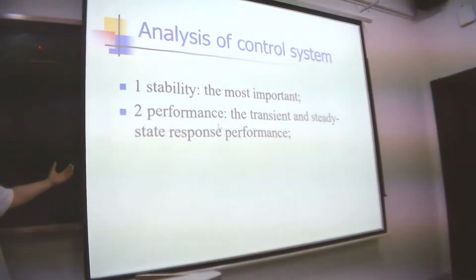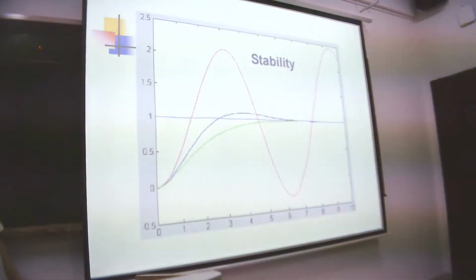This is also part of the analysis of the control system. We can see the stability of the system. We can say the red line of the system is not stable, but the attitude 3 is stable.